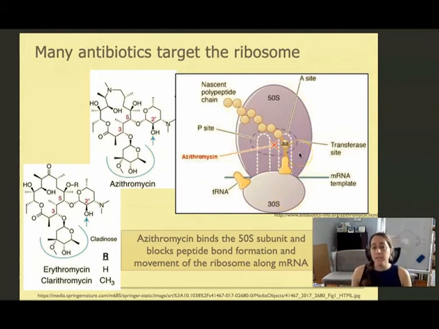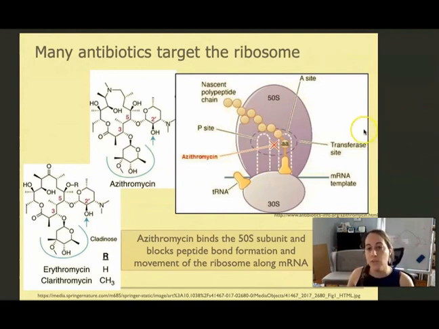And so effectively that stops translation. It blocks translation. And this molecule is not going to dissociate from the ribosome. It binds permanently to the ribosome, effectively stopping all translation after it initially binds.